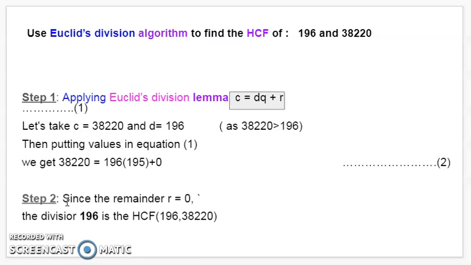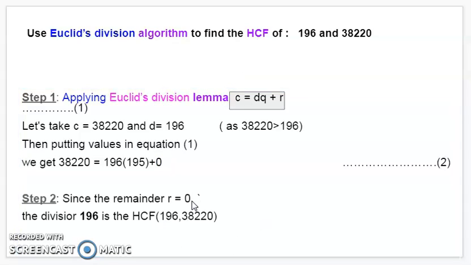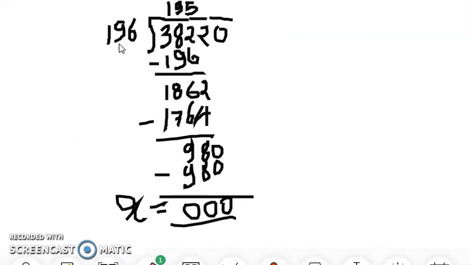So for the second step we write: since the remainder R equals 0, the divisor 196 is our answer. If we are not getting 0, then we have to do the steps again until we reach remainder 0.